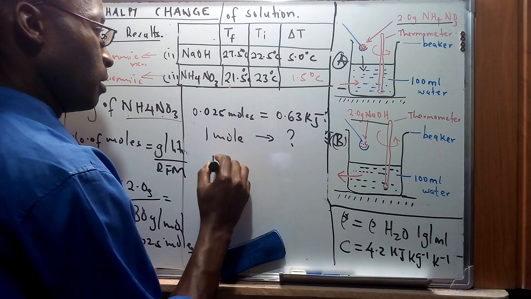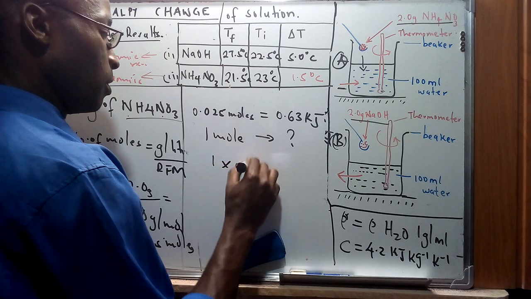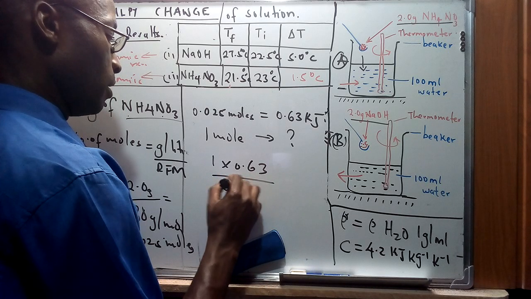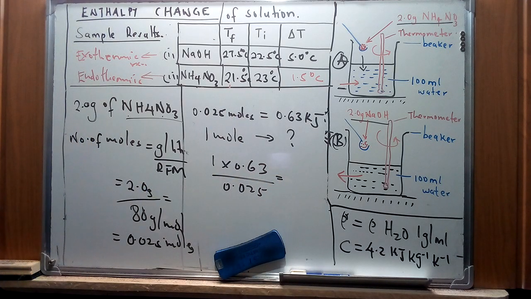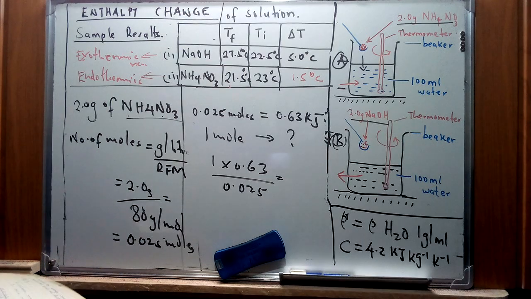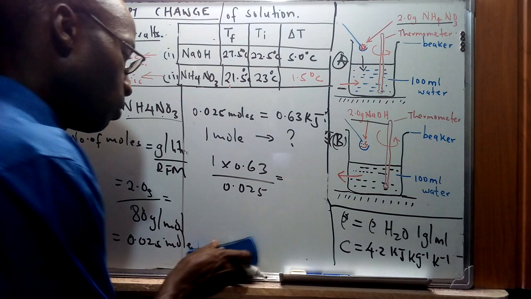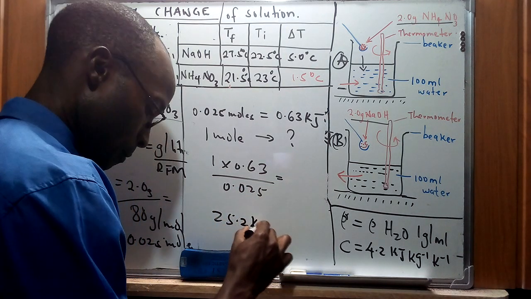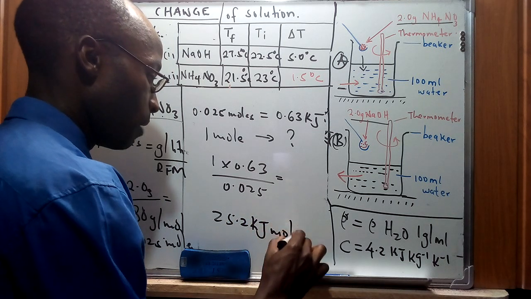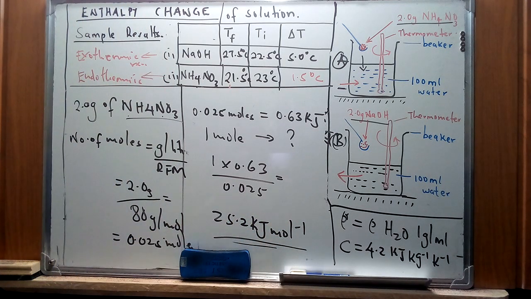So this is going to be 1 times 0.63 divided by 0.025. I just left out the units because of the space. So this is going to give us 25.2, we can do a confirmation for that. 25.2 kilojoules per mole. So that is the enthalpy of solution for a mole of this specific solute.